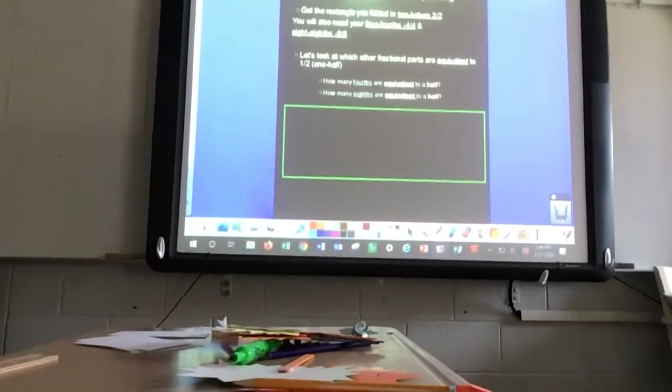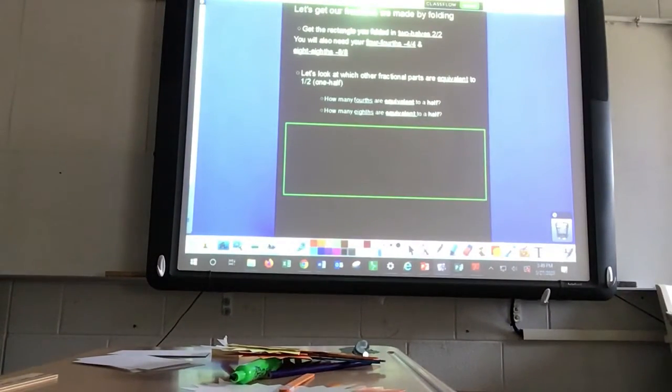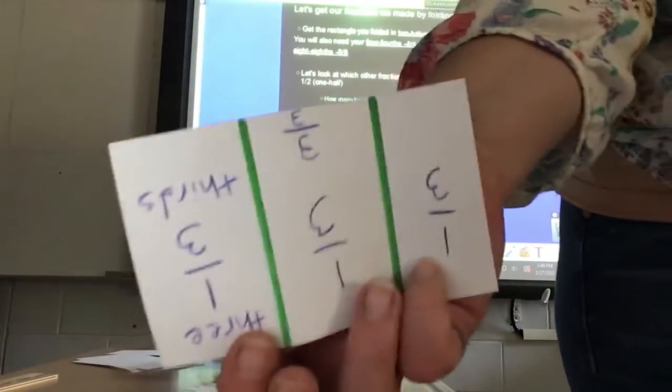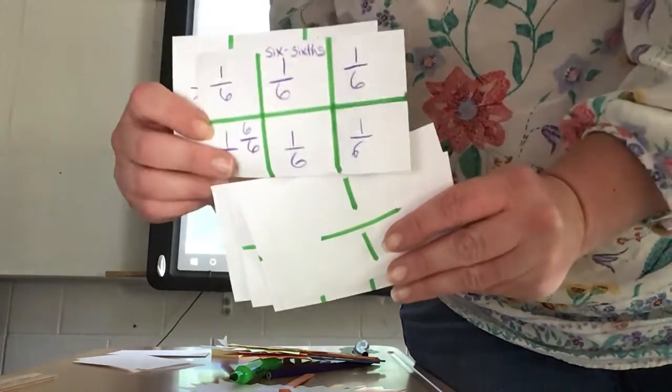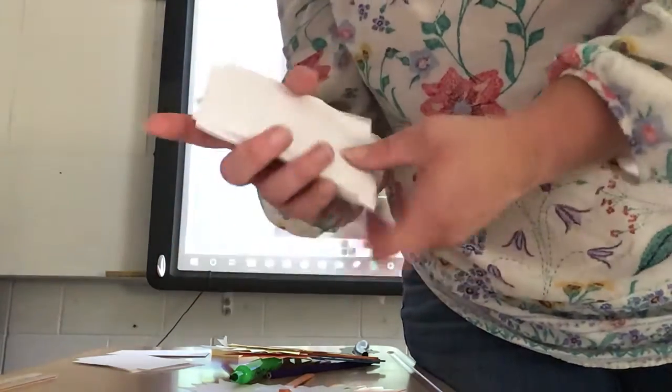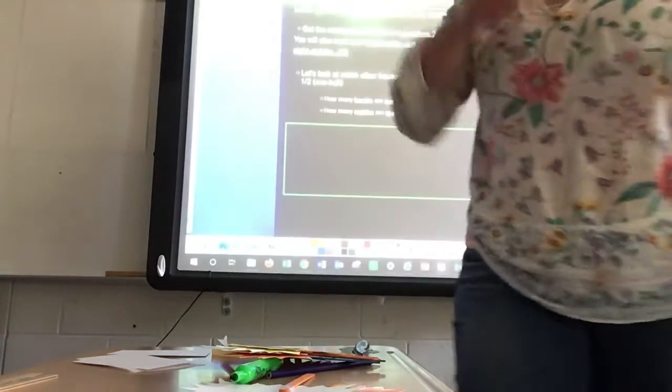Oh, here it is. All right, 3 thirds is also equivalent to 1 whole. Notice if I stack these on top of each other, my whole did not change. These are all equal. They're all the same. The parts are the ones that we're going to look at today.